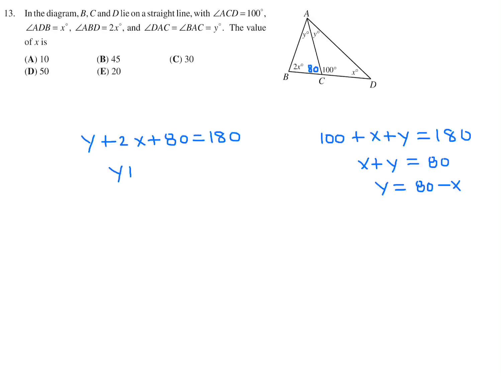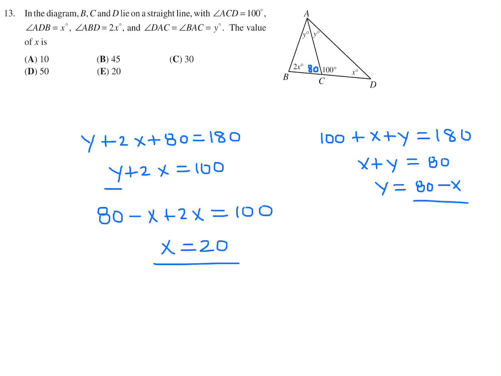And therefore y plus 2x is equal to 100. And then y we know is 80 minus x plus 2x is equal to 100. And therefore x is equal to 100 minus 80, which is 20. So there you have it. Number 13, the answer is E.